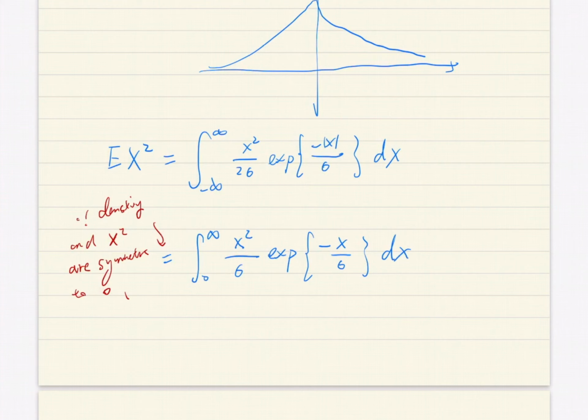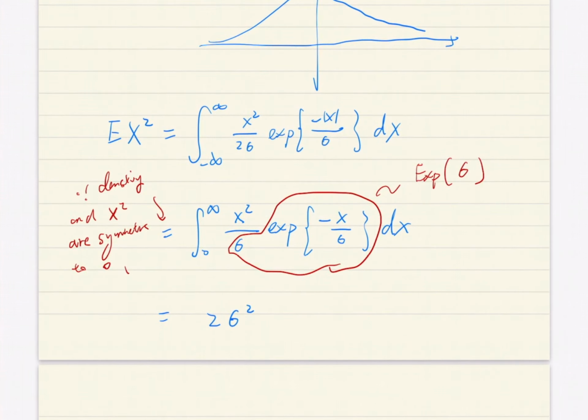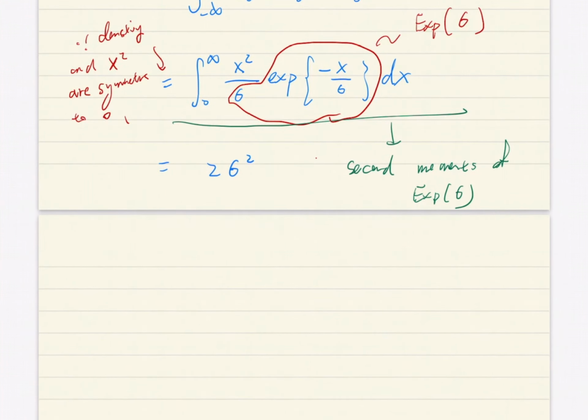Okay, then you can see here is the density of the exponential distribution with parameter theta. So that means this is equal to sigma squared, because this is the second moment of the exponential distribution. So this part is the second moment of the exponential.